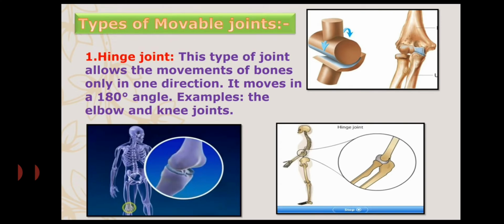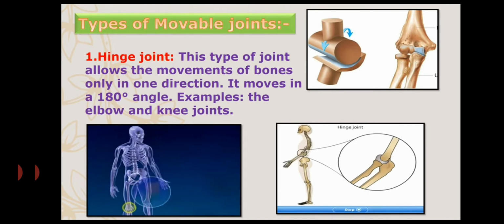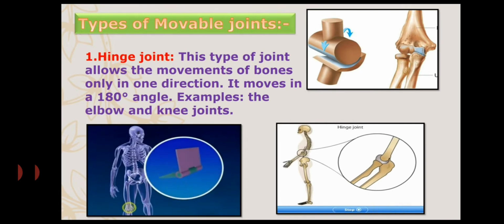So types of movable joints. First one is hinge joint. In this type of movable joint, you all can see how it's moving. It allows the movements of bones only in one direction.